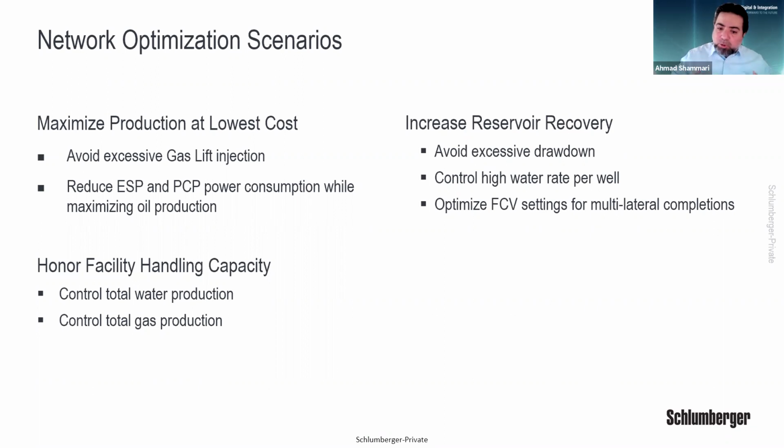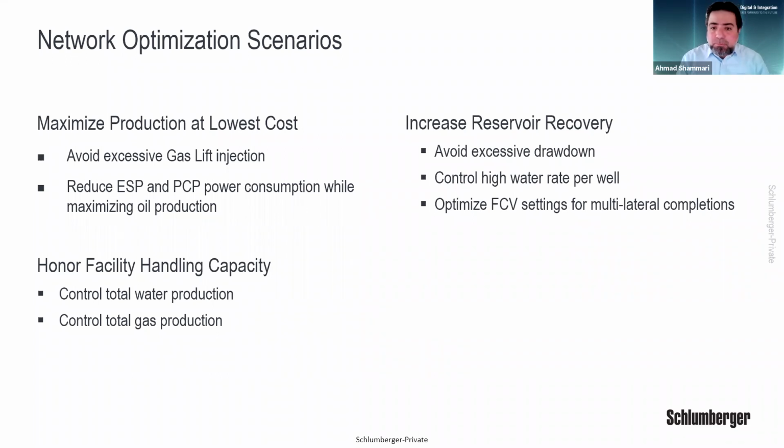Once the water reaches your completion, your recovery will drop because the mobility of water is much higher than the mobility of oil, and the oil cannot flow because it's competing with water. That's why, instead of producing 3,000 for 2 years, I can produce 2,000 for maybe 5 years, which is more cumulative production. I can increase my reservoir recovery.